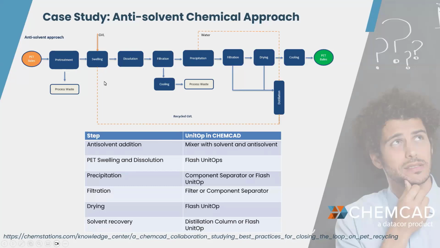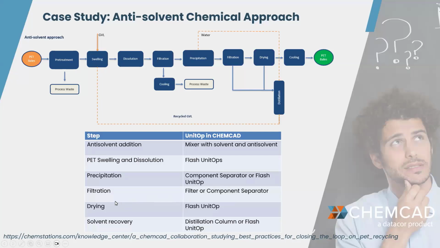For the PET swelling and dissolution, we use flash unit operations. For the precipitation step, you can either use a component separator or flash unit op. You will see that in the flowsheet, we decided to use the flash unit op, and I'm going to explain why later.